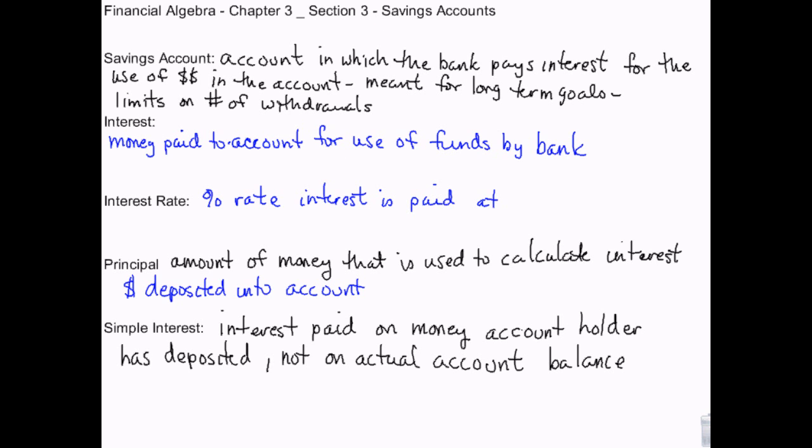I forgot to talk about the FDIC. I'm going to put that on there. Just on the bottom, write the FDIC on here. The FDIC is the Federal Deposit Insurance Corporation. Okay.